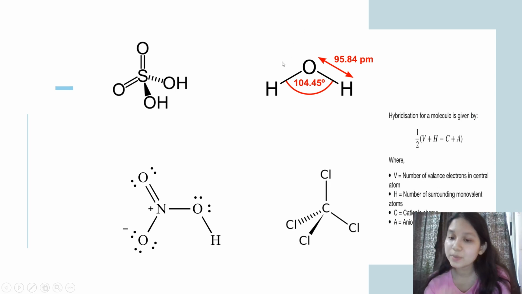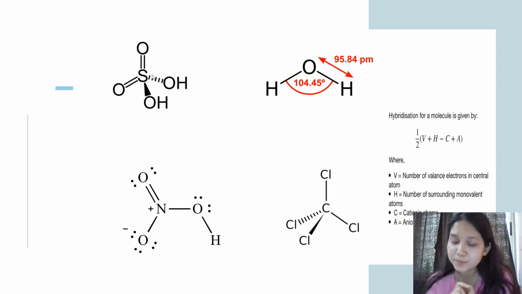So first of all, you will have to look at the central atom of the molecule. In case of H2SO4, the central atom you have to identify as sulfur. Like Professor Neeraja ma'am has said in her class, for the central atom, you have to choose the atom which forms the maximum number of bonds.